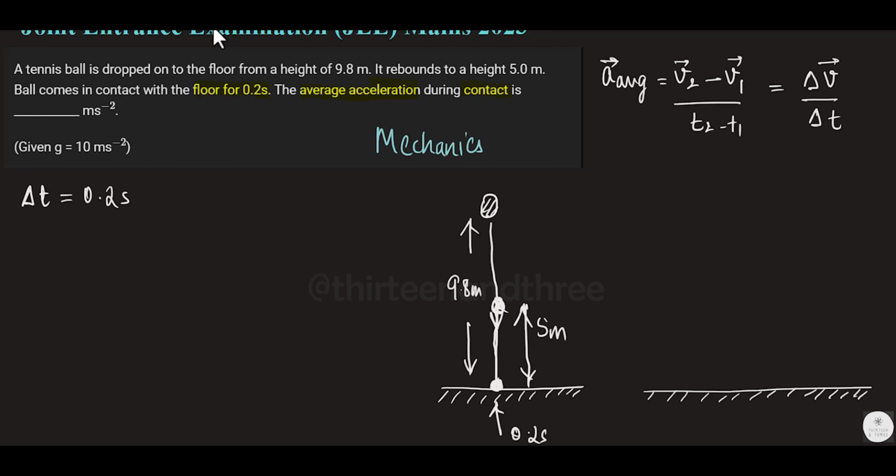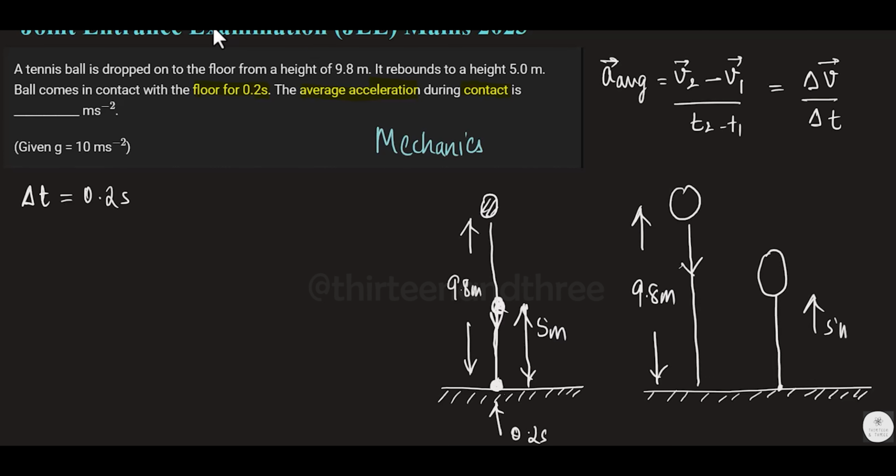Let us make two cases. First, when my ball is coming down from a height of 9.8 meter, and then it will rebound. From here it will rebound, and we will consider this as the second case, up to a height of 5 meter.